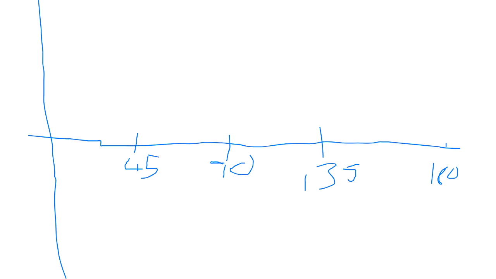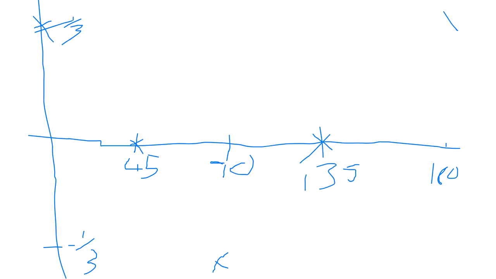Then my amplitude is 1/3 and minus 1/3. So when it's 0, it's 1/3. When it's 45, it's 0. When it's 90, it's minus 1/3. When it's 135, it's 0. When it is 180, it is 1/3.